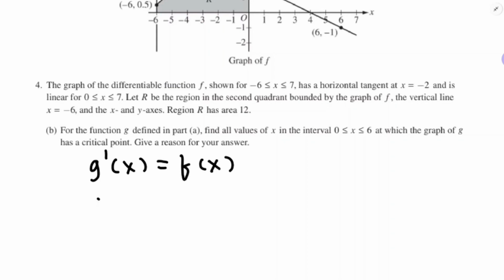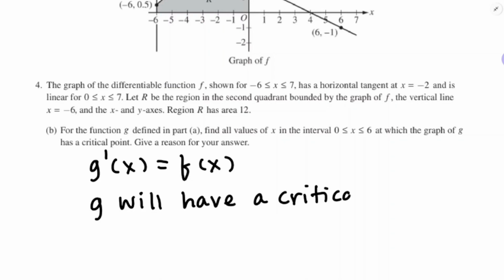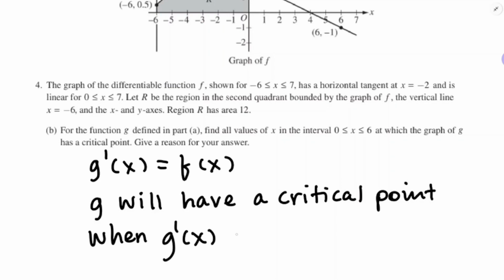Okay, g will have a critical point anytime g prime of x, which is equal to f of x, equals 0. And that's happening at x equals 4.